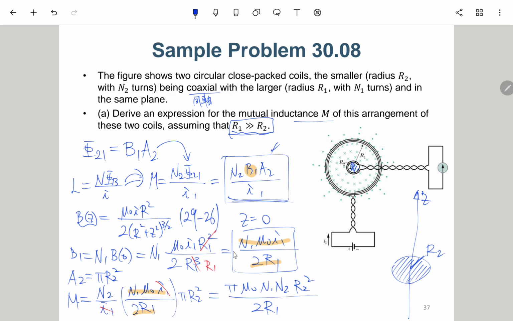Pi and mu 0 are a big constant, and M is proportional to N1 N2, the number of turns of both coils, proportional to the square of the radius of the second coil, and inversely proportional to the radius of the first coil.